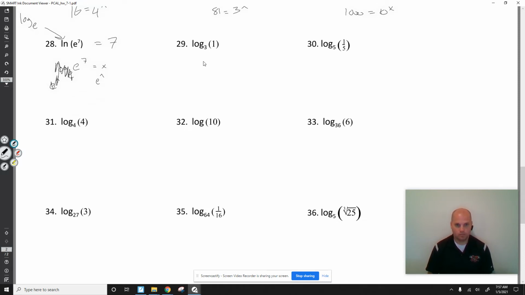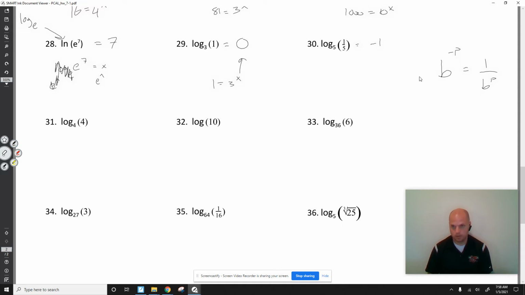Log base 3 of 1: 3 to what power is 1? 3 to the 0, anything to the 0 power is 1. Rewriting this, 3 to the power of both sides, you get 1 equals 3 to the x. x is 0. 5 to what power equals 1/5? Well, that's a -1. This is something that you need to know: a number to a negative power is equal to 1 over the number to the positive power.